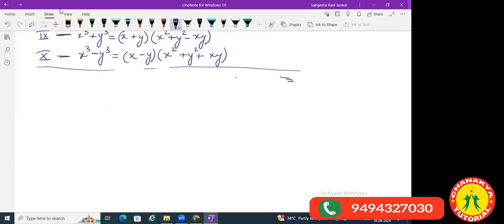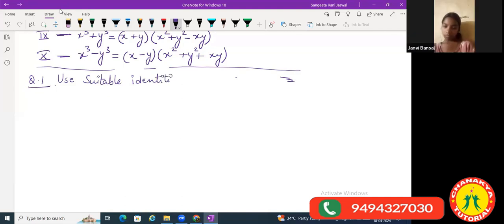Okay. So let's see the question part. Now use suitable identity to find the following products. Here the question is saying you use suitable identity. So whichever identity suits the best in this, that you have to choose. How will you choose?